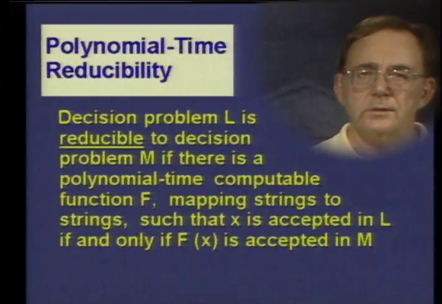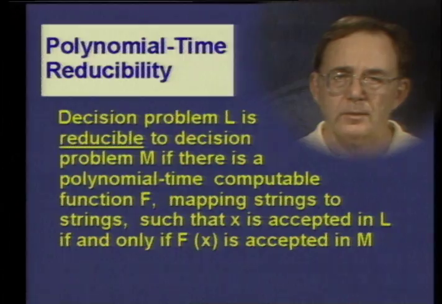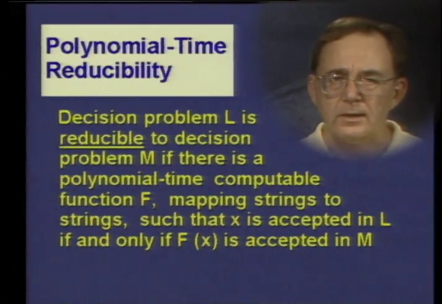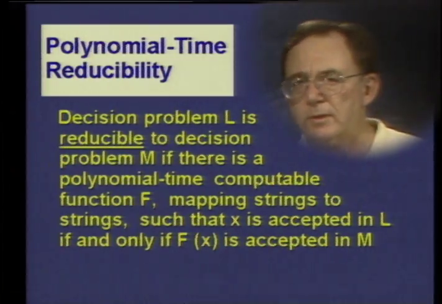Here's the technical definition. Decision problem L is reducible to decision problem M if there is a function f computable in polynomial time which essentially transforms the first problem to the second.